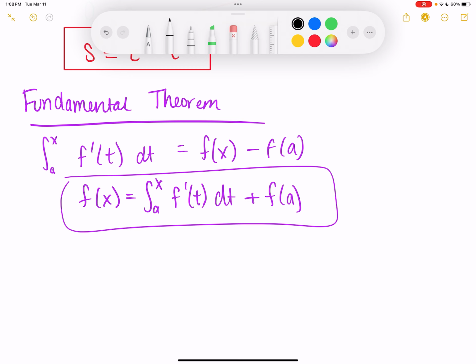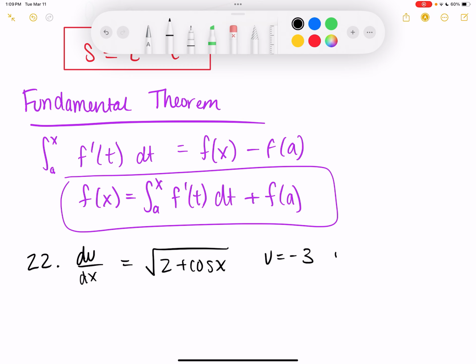So we've got 22. Of course, they're using different letters. du dx equals the square root of 2 plus cosine of x, u equals -3 when x equals 0.